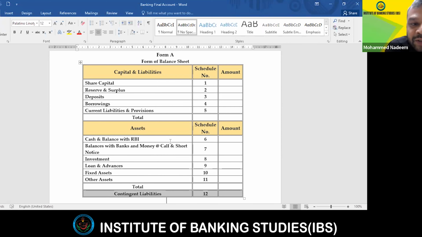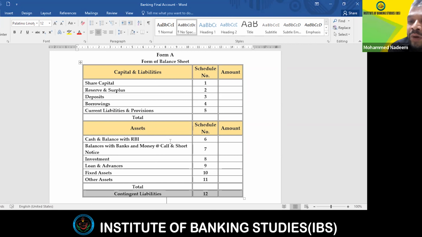Now, share capital, schedule number 1. What do you mean by share and share capital? Everybody knows what capital means. In a company, when capital is raised by issue of shares, it is called share capital. It is a liability for the company, so it will be on the liability side of the balance sheet.